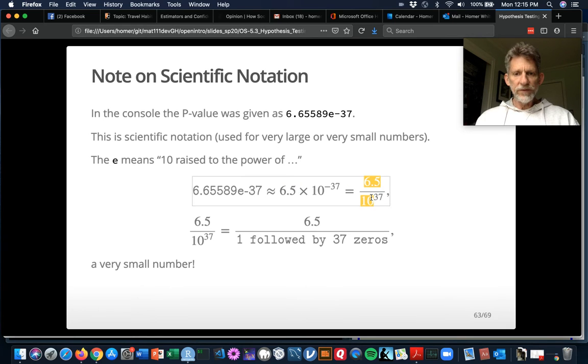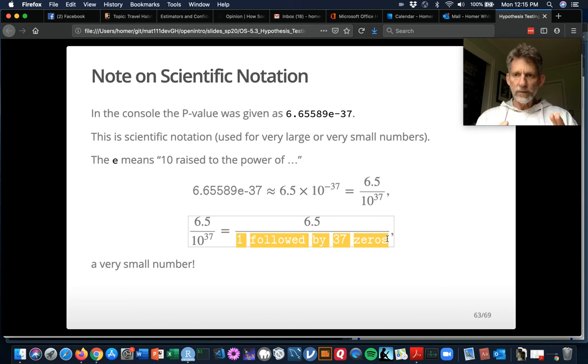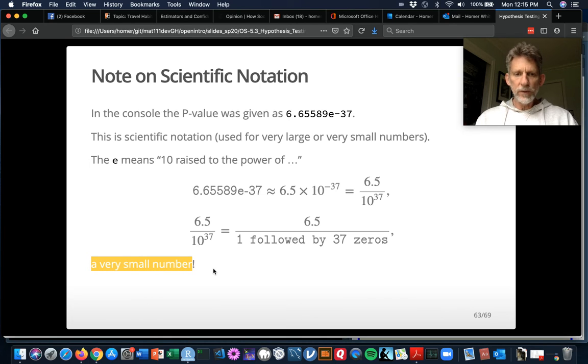That's 6.5 divided by 10 to the 37 power. That's 6.5 divided by a 1 followed by 37 zeros, an enormous number. So 6.5 divided by this enormous number is a really, really small number, very, very close to zero. And so when you see this sort of number where there's like a high negative after the E, you know that that's a number that is positive, but really, really close to zero. And so the p-value is really close to zero.